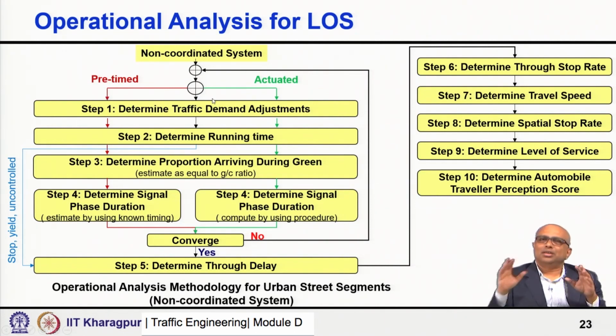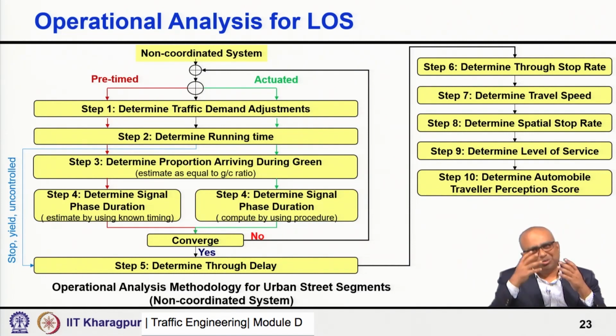Pre-timed is taking the average. Suppose you are doing it for the peak hour. So, you know what the average peak hour flow is from different approaches in a signal, and for the typical peak hour flow you design it and operate every day during that entire time with the same signal setting. But actually there will be stochasticity, and volume may change for so many reasons also.